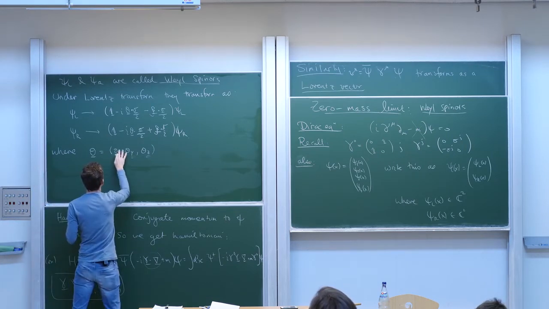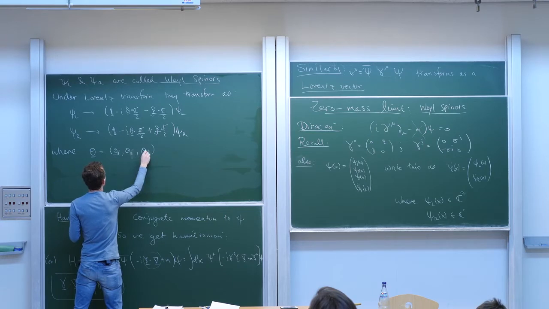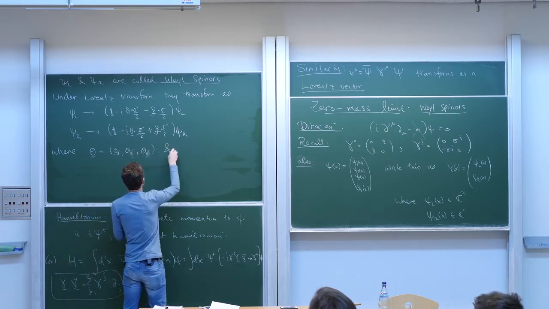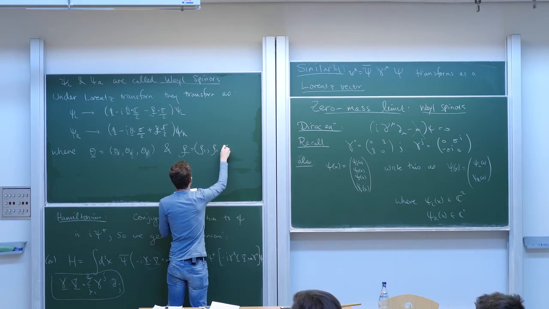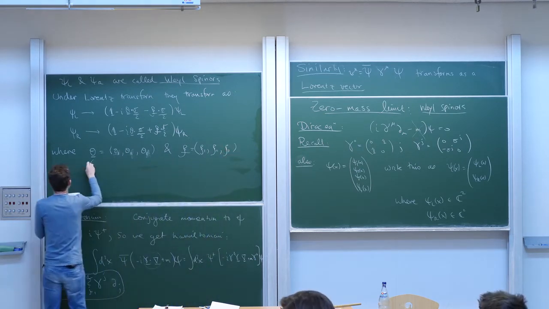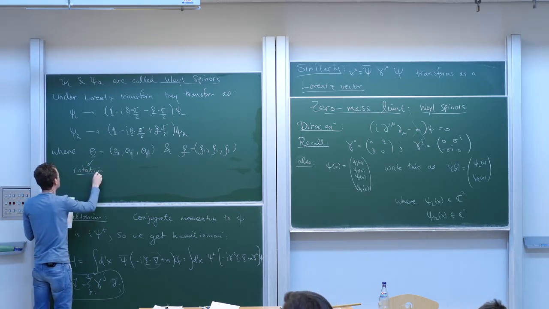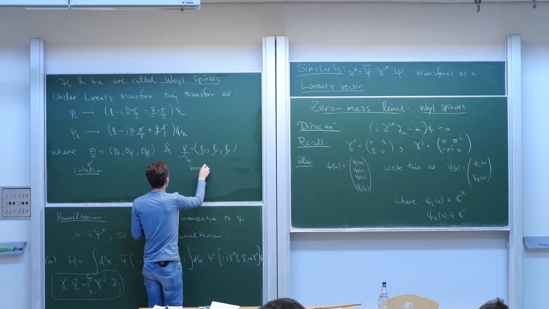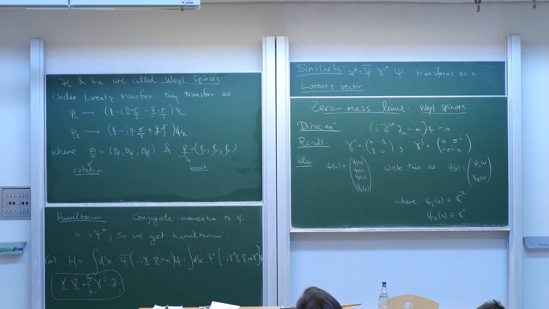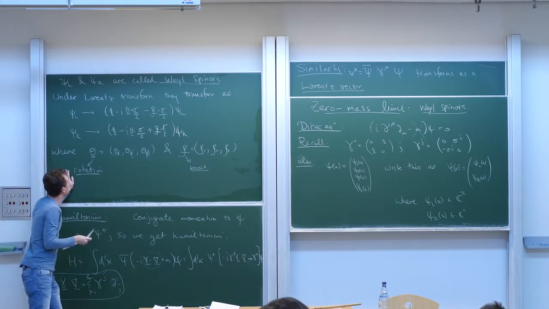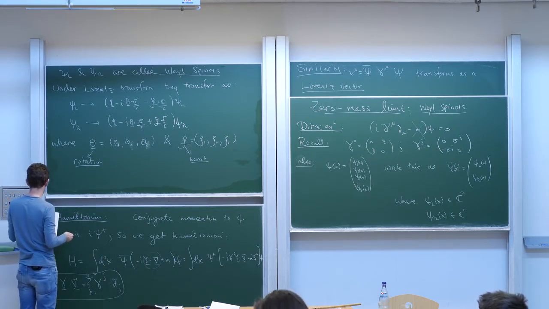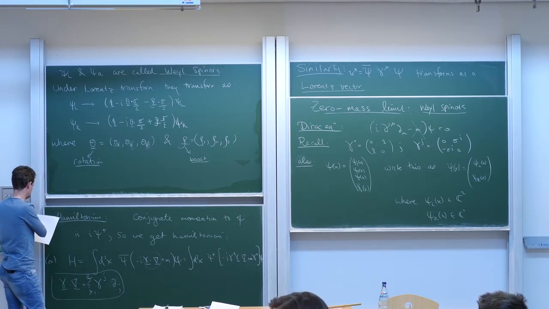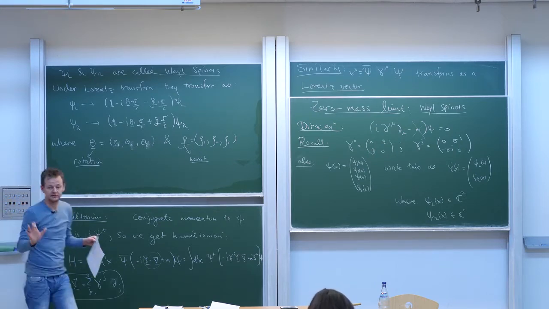And these 6 parameters, theta and beta, correspond to the rotation and boost parameters for the Lorentz transformation. All right, so this is just a pure observation so far.